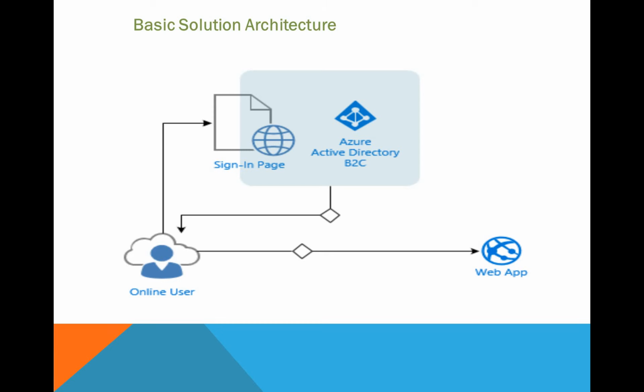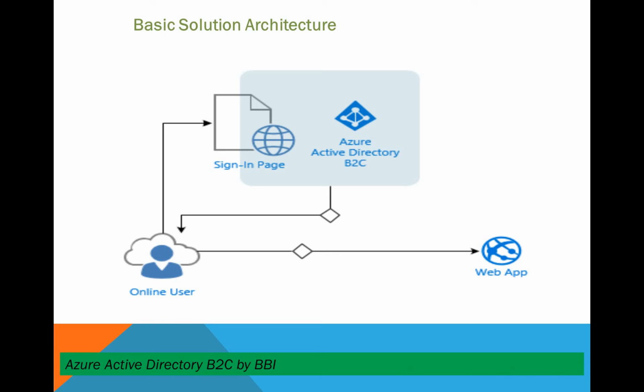Then AD creates a token for that user and returns it to the browser. With that token, the user sends a request to the web app and APIs, authentication happens on the website, then the handshake, and if it's okay, the user is allowed to proceed further.